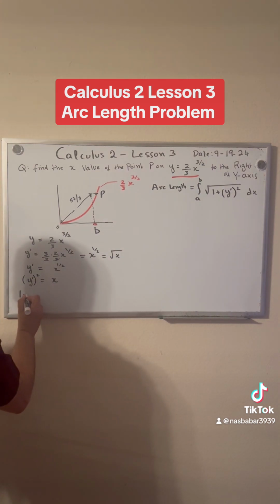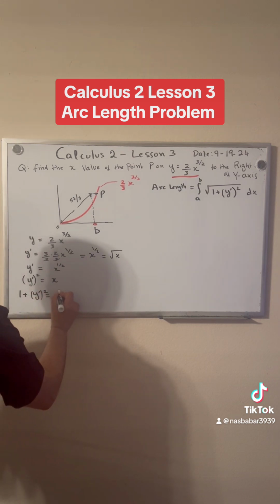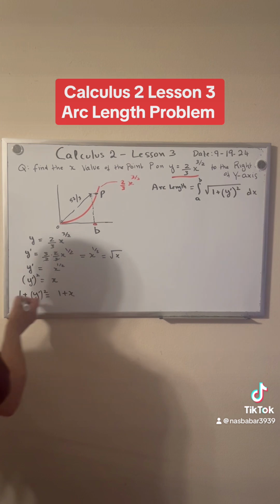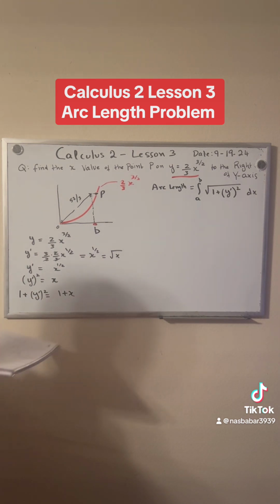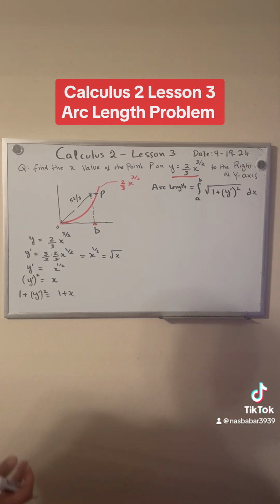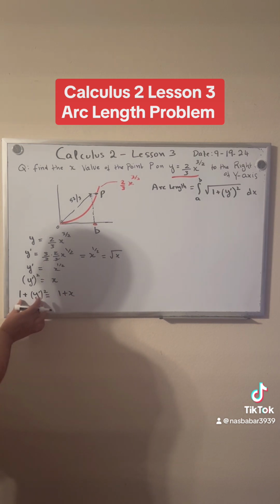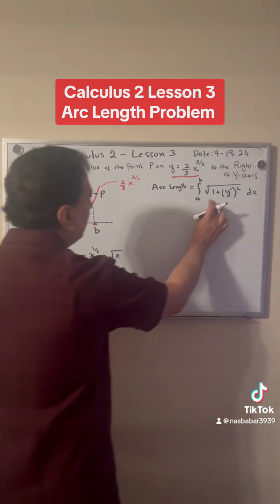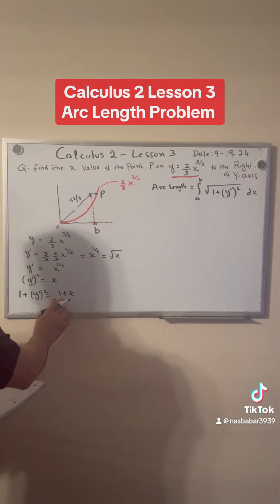I say 1 plus y prime squared is equal to 1 plus x. It's the same thing. Whatever I did on the left hand side, I added 1, so I have to do the same thing on the right hand side. The reason I did that is because I want to replace 1 plus y prime squared right here, and I can replace this by this now.